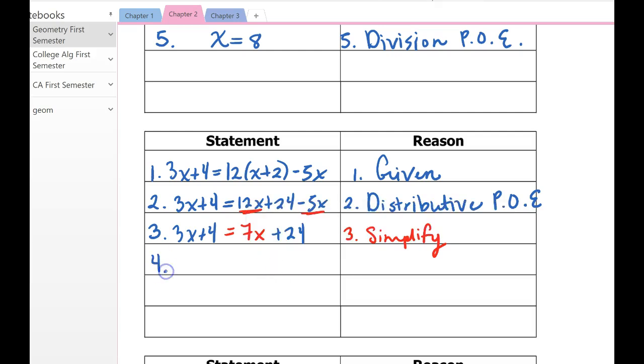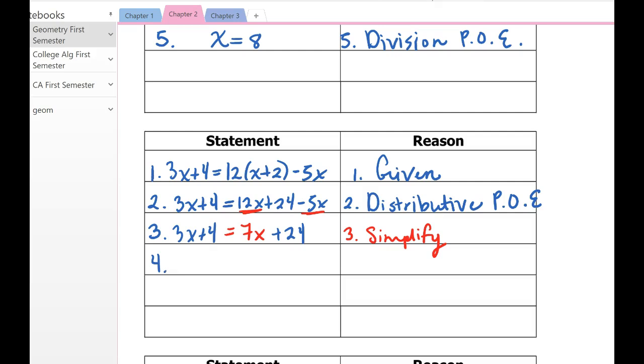All right, number 4. Now here's where your proof might change depending on what your partner's doing. Doesn't mean either of you are wrong. You just have to lead to a next step. Can someone raise their hand and tell me what would you do next? Peyton? Okay, so she would move the 4 over to the 24, which is great.